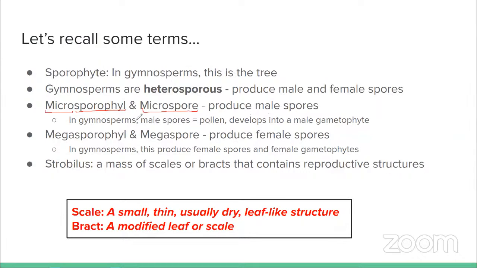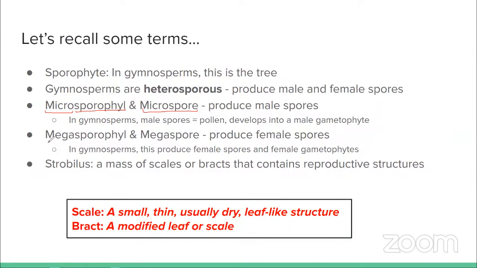They produce male spores on a spore-bearing leaf, smaller male spores that create sperm that pollinate the female structures. In our larger plants, our male spores we come to refer to as pollen. Pollen is basically male.